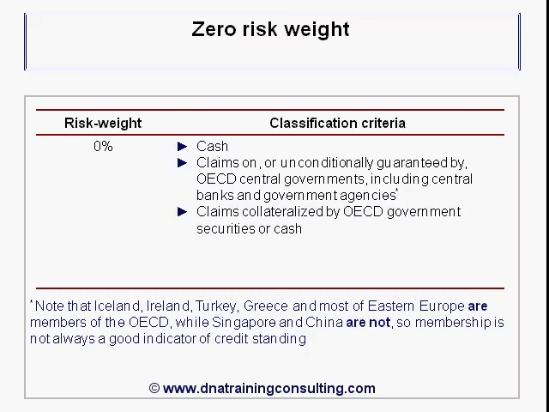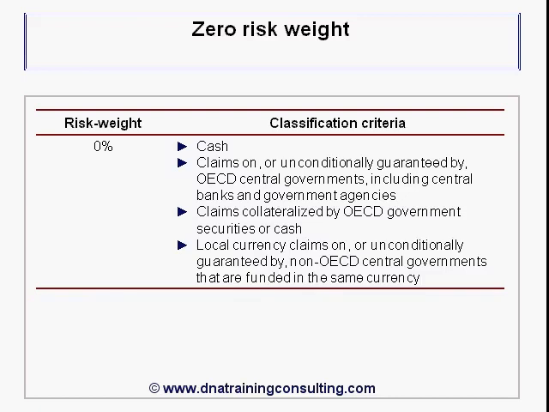Next, claims collateralized by OECD government securities or cash. And finally, local currency claims on or unconditionally guaranteed by non-OECD central governments that are funded in the same currency.